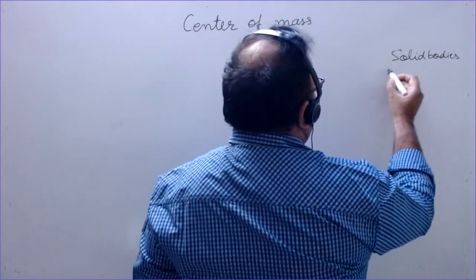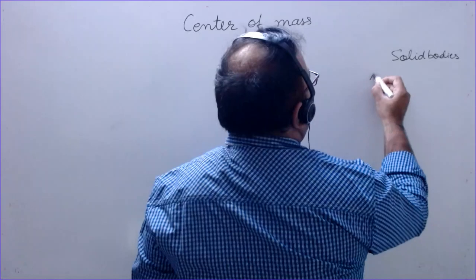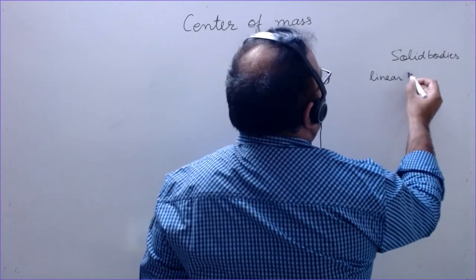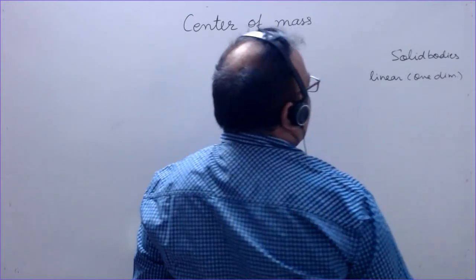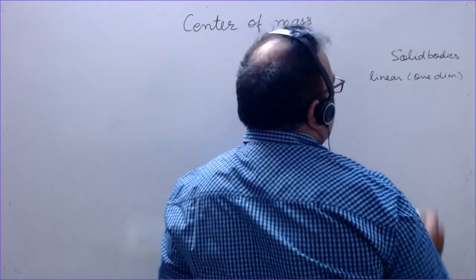Like we have one dimensional or linear, like a straight rod, the mass density of which is variable. If the mass density is constant, center of mass is at the geometrical center of the body. But if the mass density is variable, that we will find.